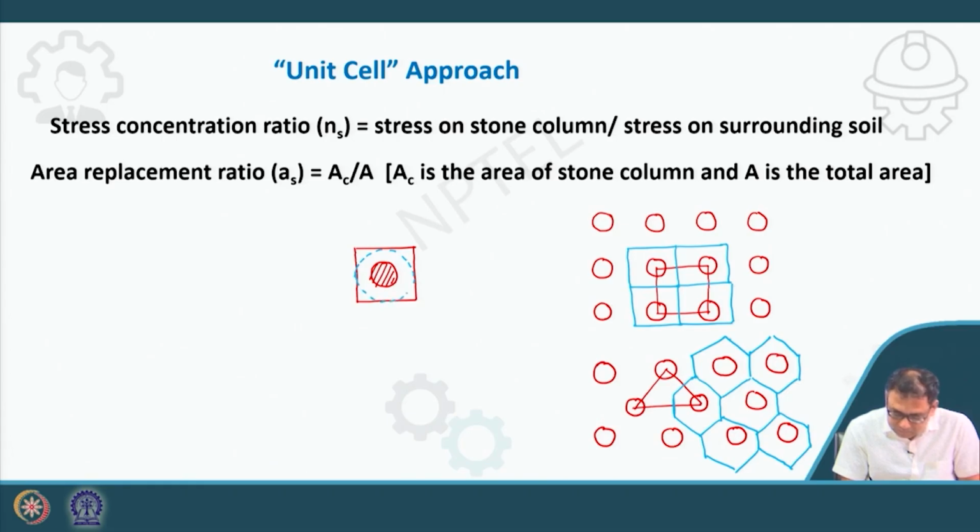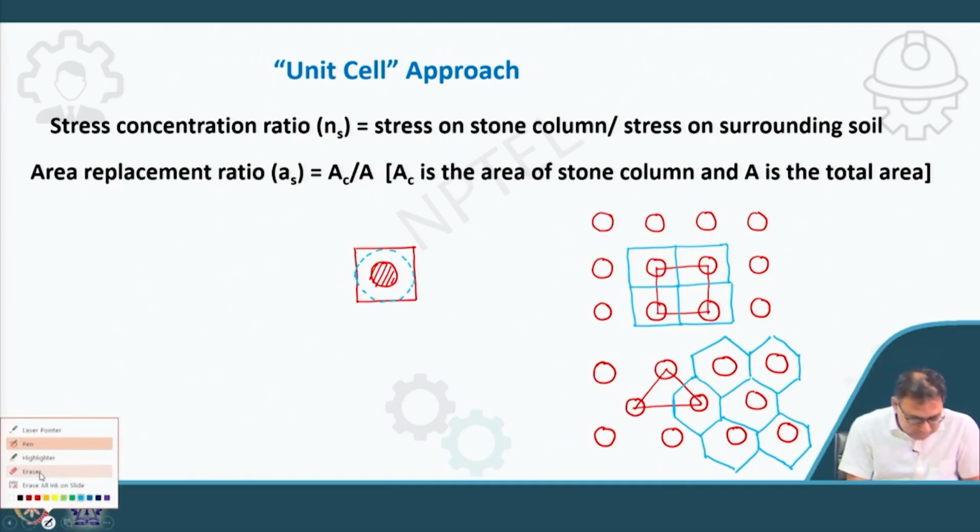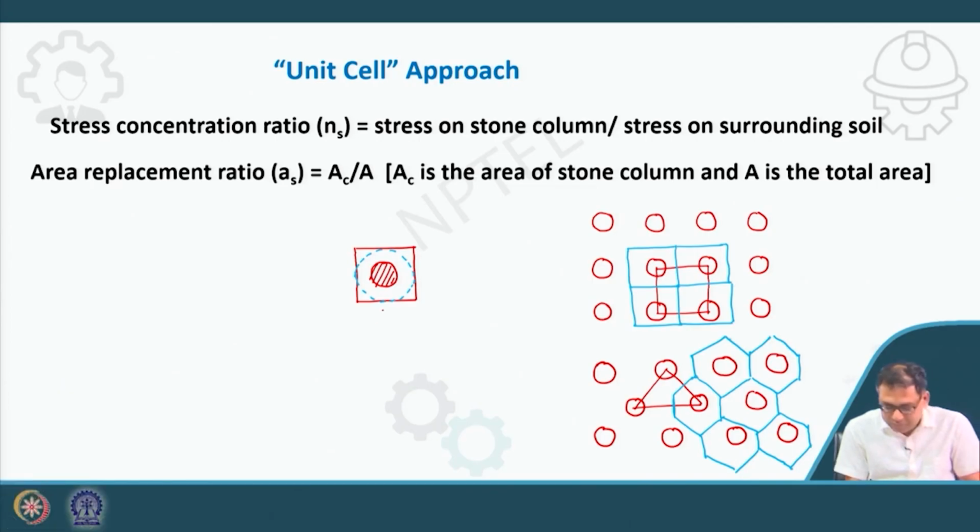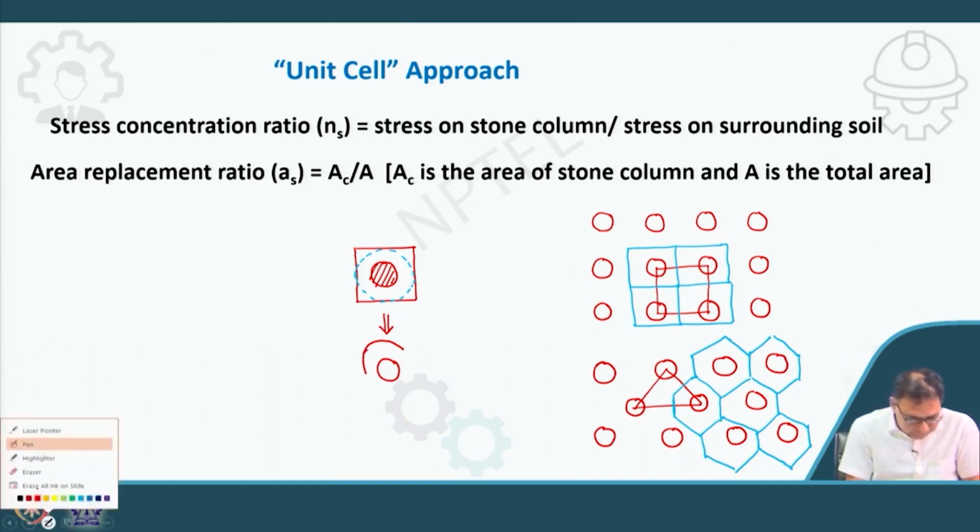If I convert it to an equivalent circle, finally it will be a column and an equivalent circle.